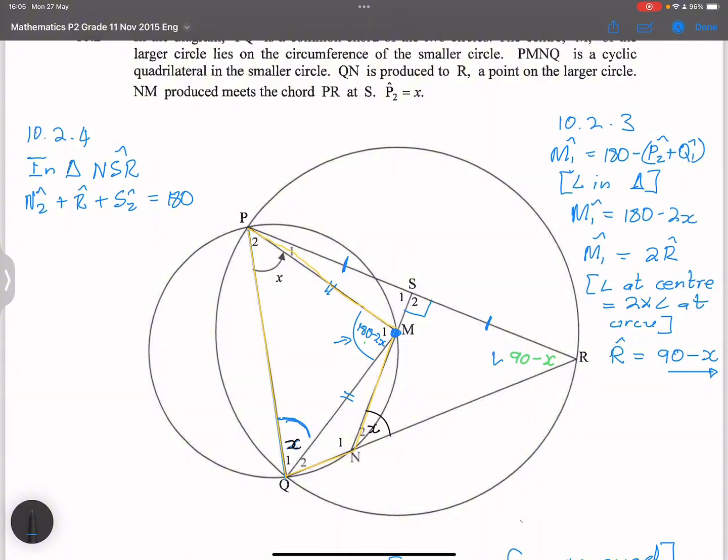So then it means that if we take S2, by the way, I need to state the reason for that. These are interior angles in a triangle. All right.